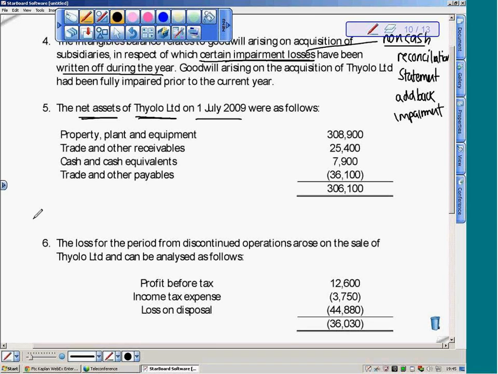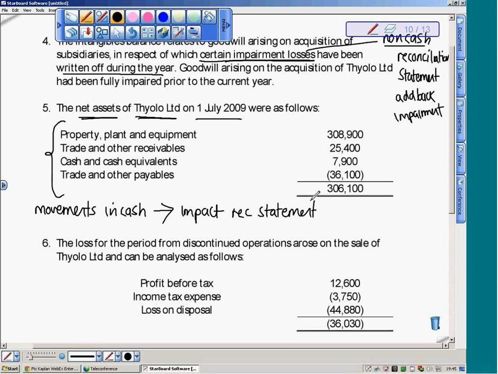And what we said before we attempted this question, we should know about subsidiary disposals in the year because it's going to impact our movements. So we need to think about the true movements, and so going to impact the reconciliation statement. Now, the true impact as a result of the disposal of our subsidiary, we'll need to factor these in when we do our T account.